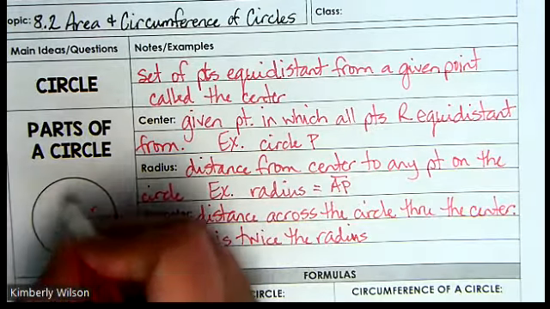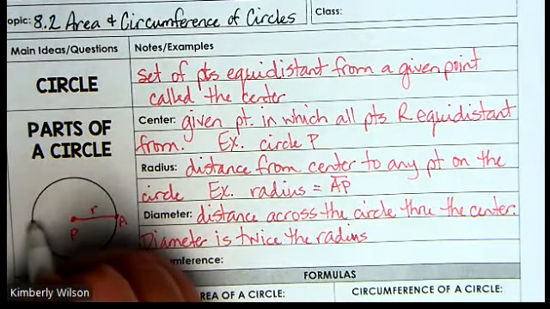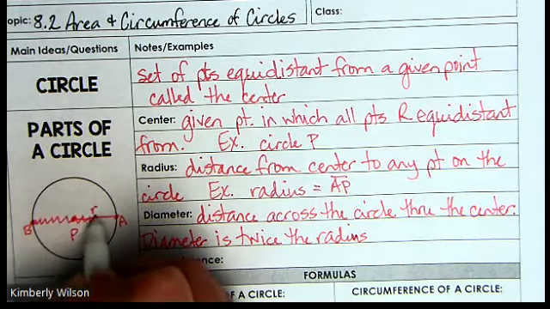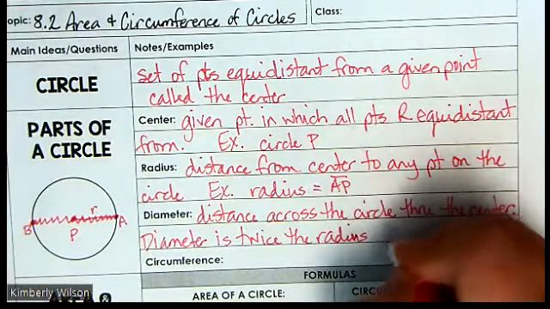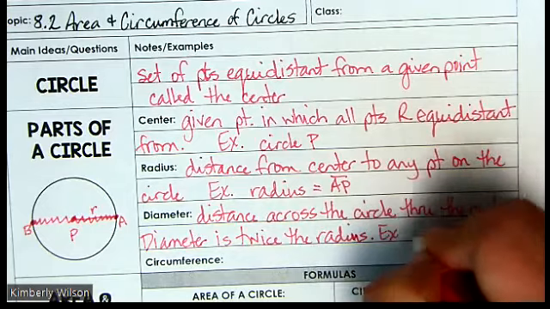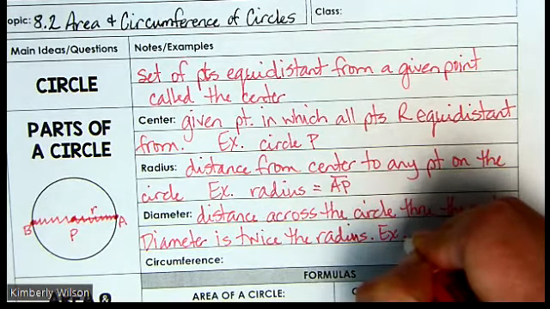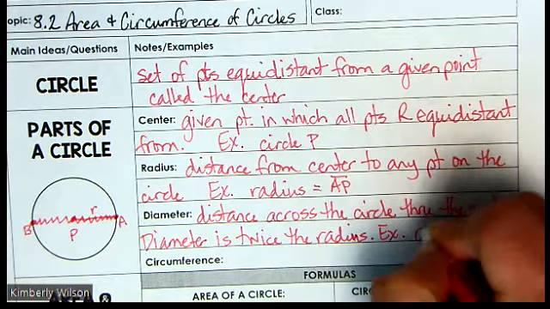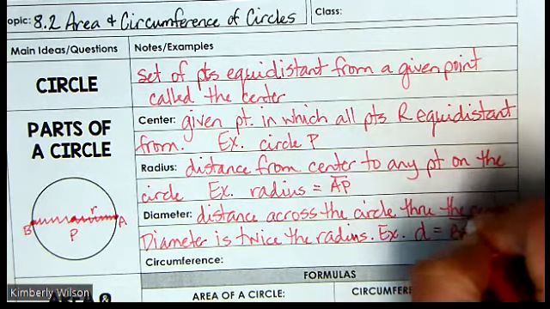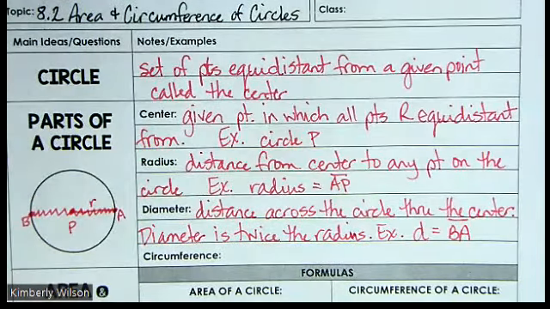Okay, so for instance, it goes all the way across. So we'll say this is point B. Not the radius, I'm sorry, the diameter goes all the way across. So an example is that the diameter is line BA or line AB.